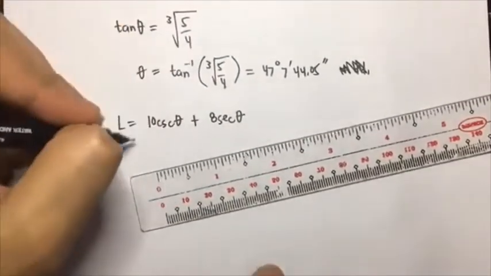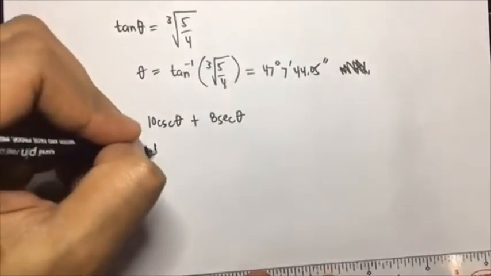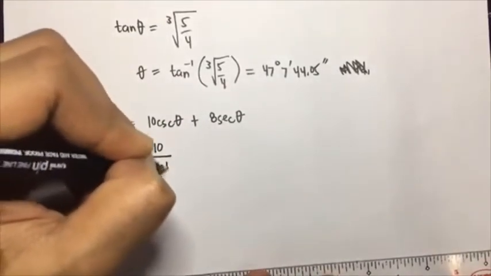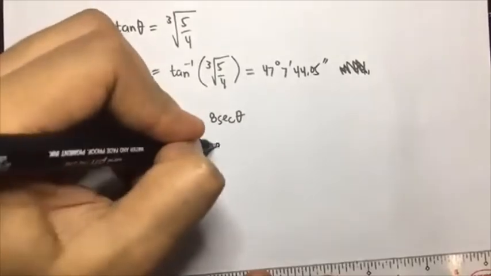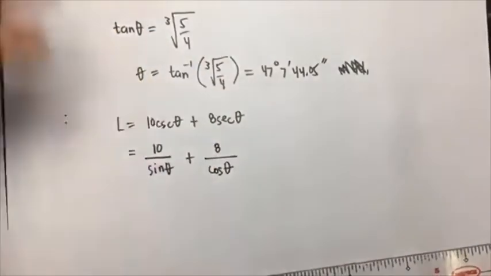Since cosecant theta is the reciprocal of sine, it's 10 over sine theta plus 8 over cosine of theta.